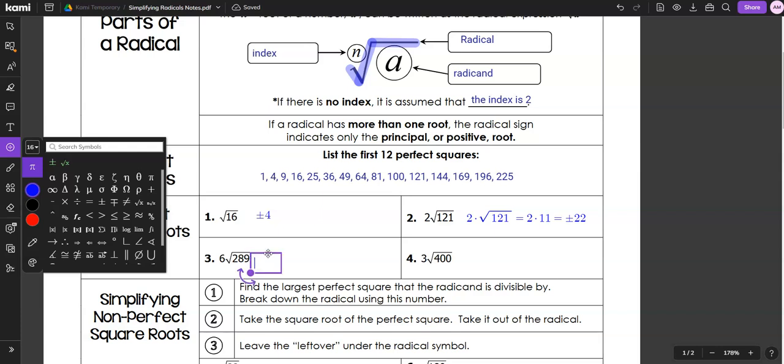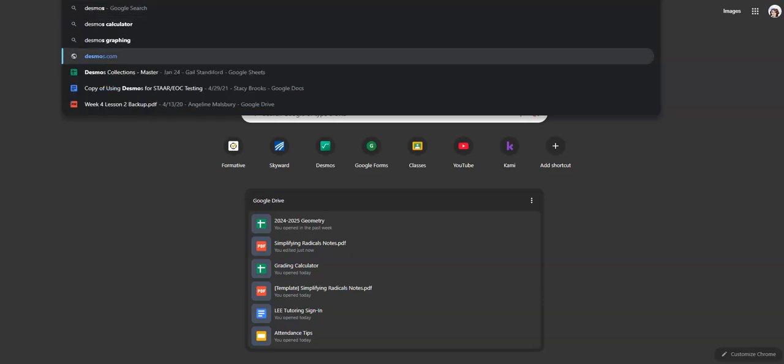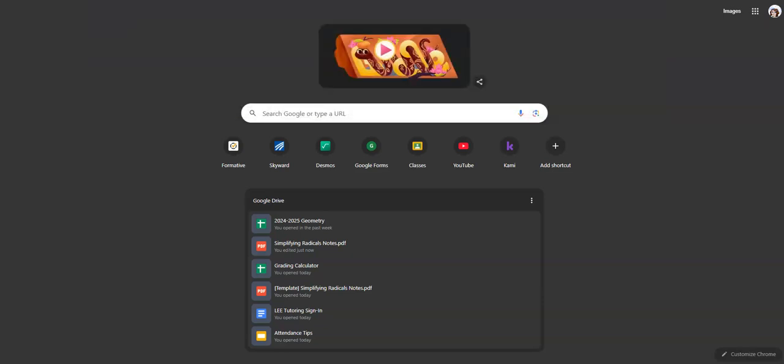Now number 3, we have 6 times the square root of 289. And I don't know what the square root of 289 is off the top of my head. I believe that it is 17. But let's go ahead and get a calculator just to double check our answers.